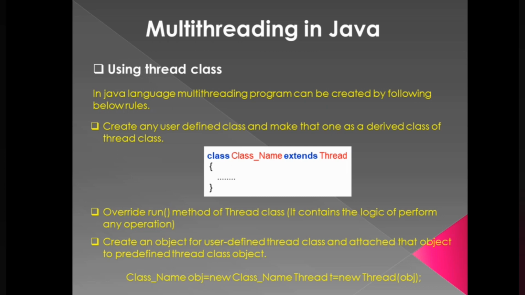Next one we have create an object of the user-defined thread class and attach that object to the predefined Thread class with the help of this statement: class name object equals new class name, Thread t equals new Thread, and in parentheses object, then semicolon.